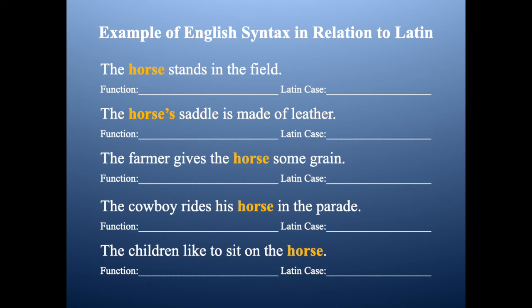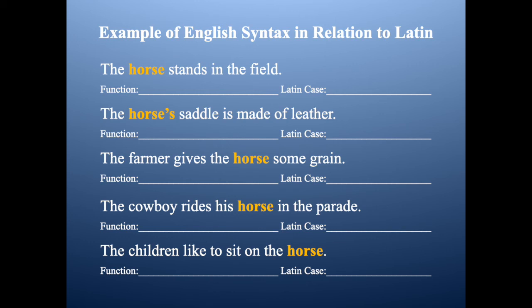What does he ride? His horse. It's the direct object in that sentence. And the last sentence, the children like to sit on the horse. Okay, the subject there is children. What do they do? They like. But what we have on the horse is a prepositional phrase. So horse in this sentence is the object of the preposition on.